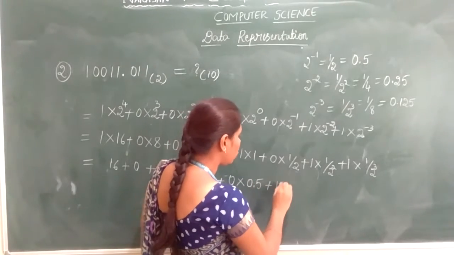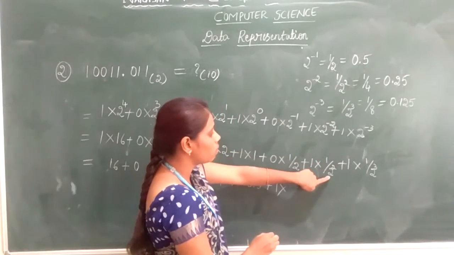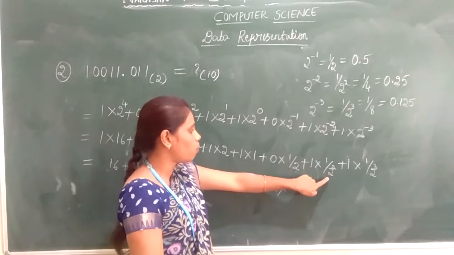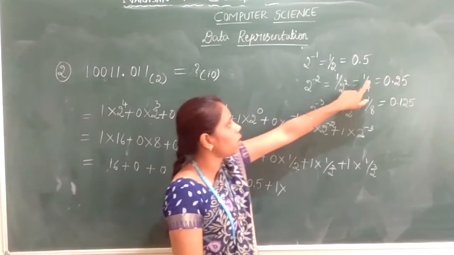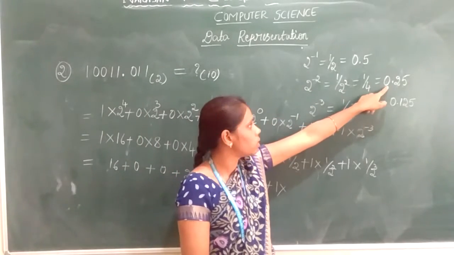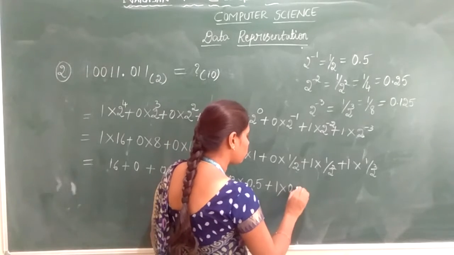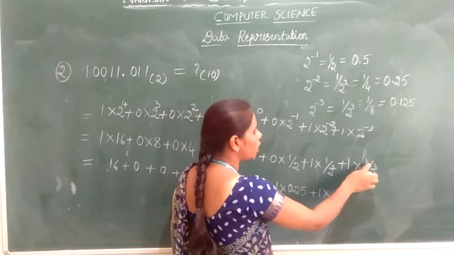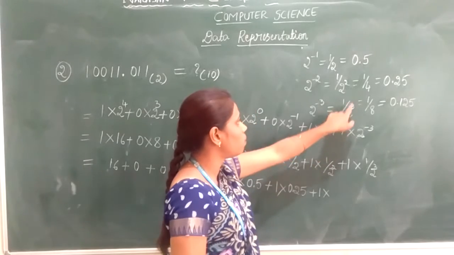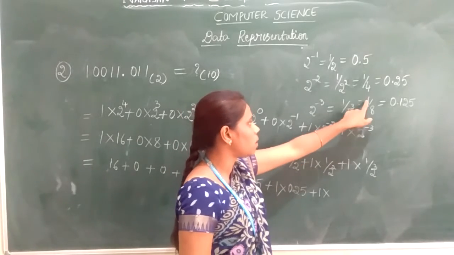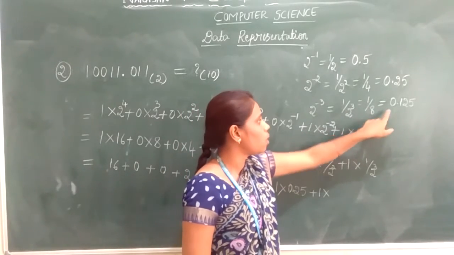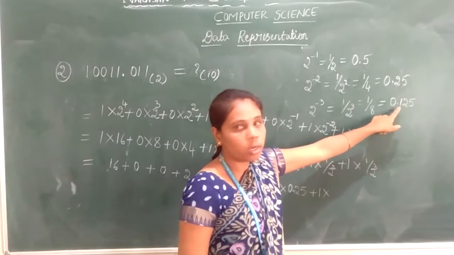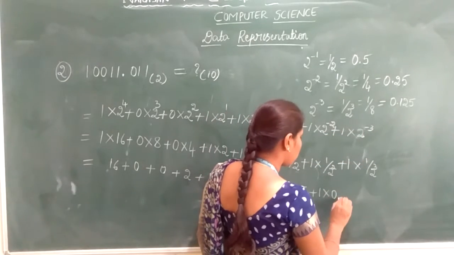Plus 1 into 1 divided by 2 power 2, that is 1 divided by 4. The value of 1 by 4 is 0.25. Plus 1 into 1 divided by 2 cube, that is 1 divided by 8. The value of 1 divided by 8 is 0.125.